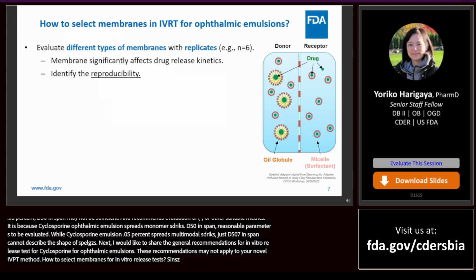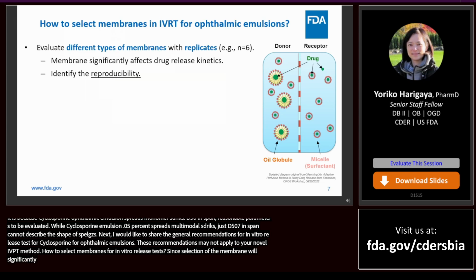Since selection of the membrane will significantly affect drug release kinetics, it is important to test different types of membranes. Also, evaluating multiple replicates of each membrane will help identify the reproducibility.